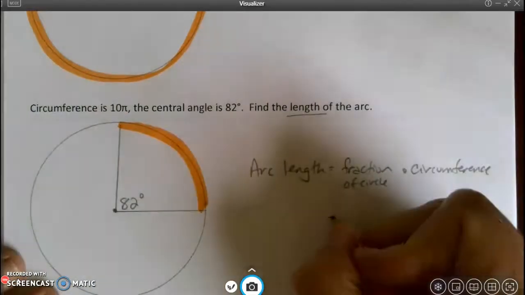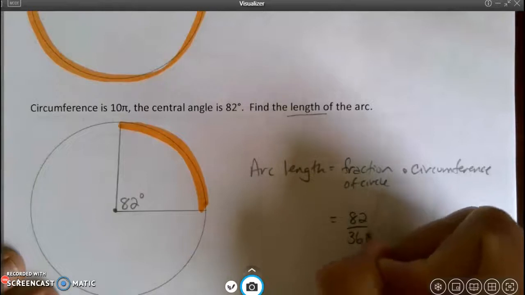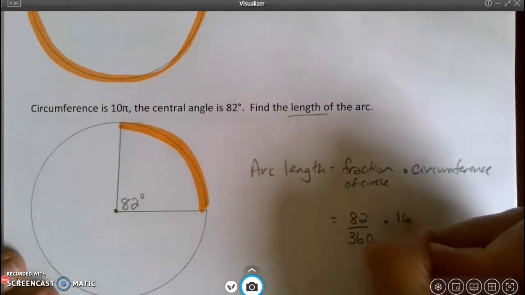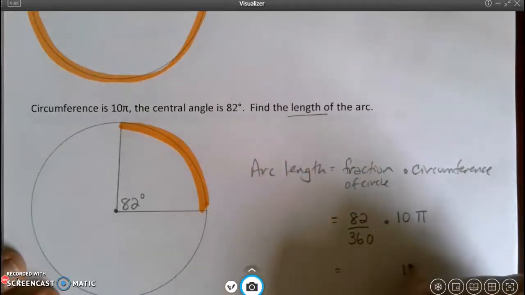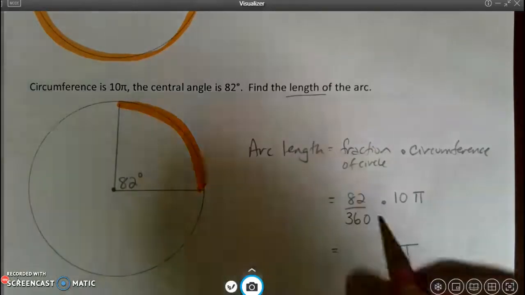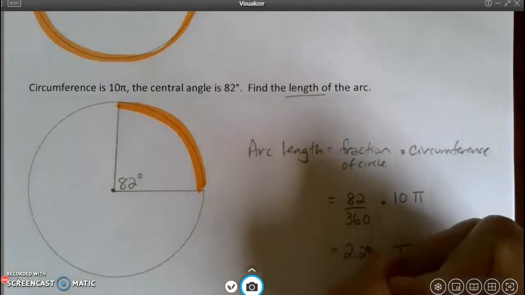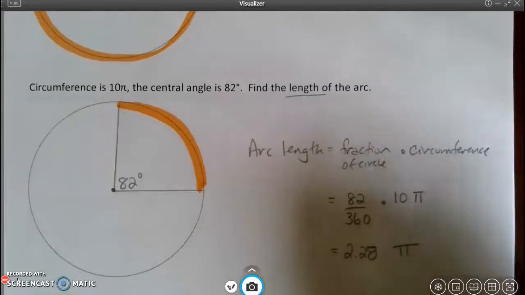So in this problem, my fraction is 82 out of 360 degrees times 10 pi. So I'm going to go ahead and put this into my calculator. I'm going to take 82 times 10, and then I'm going to divide that by 360, and I get 2.27 repeating, or I can say 2.28 pi.